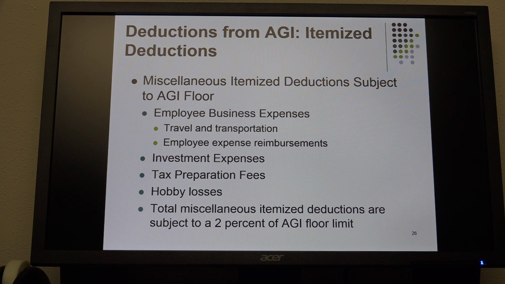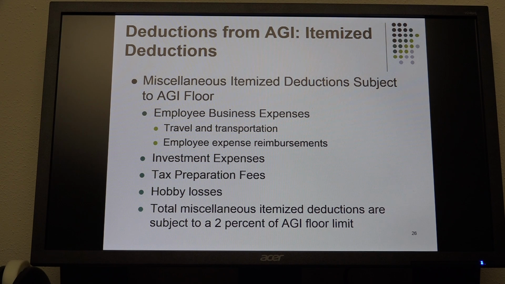All right, then you get down to these miscellaneous itemized deductions subject to an AGI floor of 2% of AGI. So you get a little bit of a break. The threshold here is a little lower. It's only 2%. Anything in excess of 2% of AGI, as long as it qualifies under one of these headings, is covered.